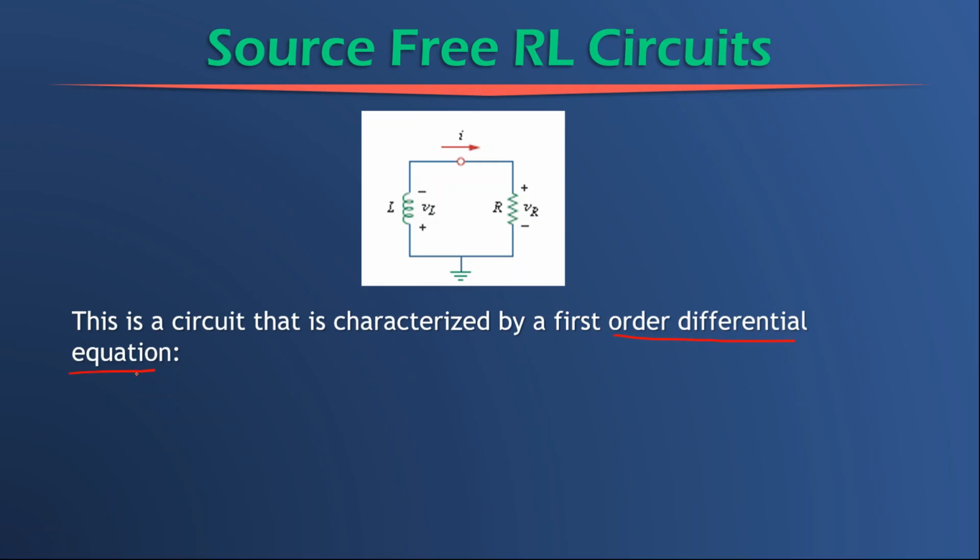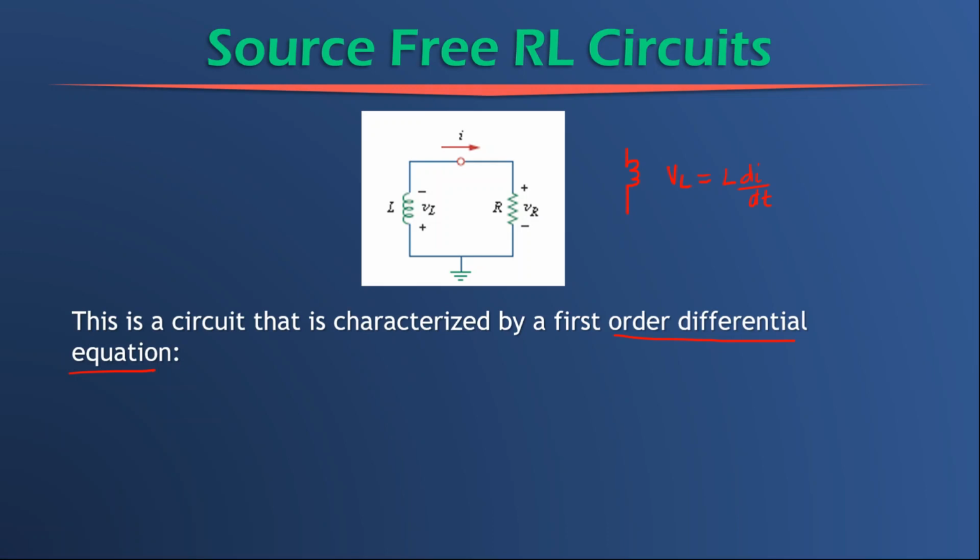As we indicated in the previous video, if you have a capacitor or inductor, and you can express either the current or the voltage such that one of the expressions is a first order differential expression, then you can regard the circuit as a first order differential circuit. How can we do this? We know that the voltage across the inductor, VL, is given by L di/dt.